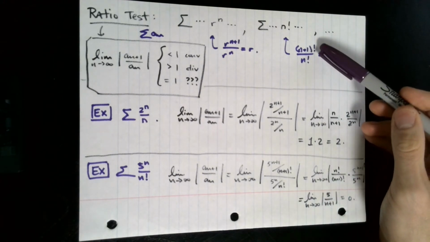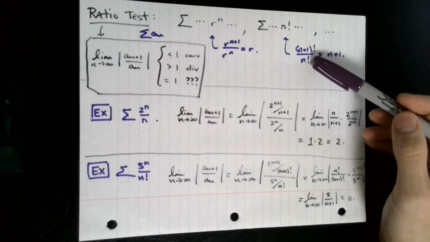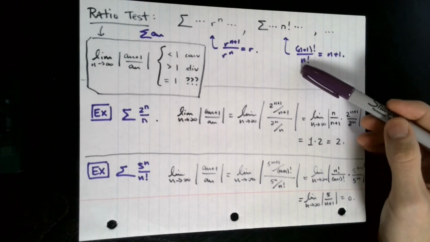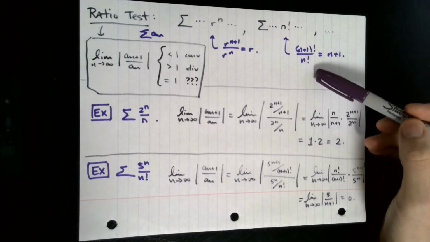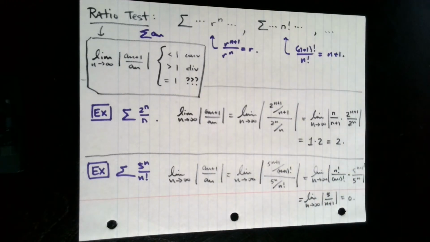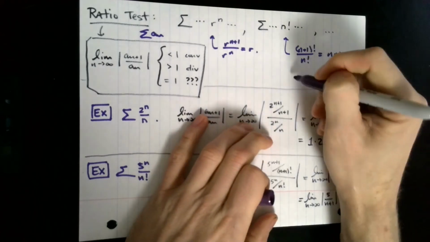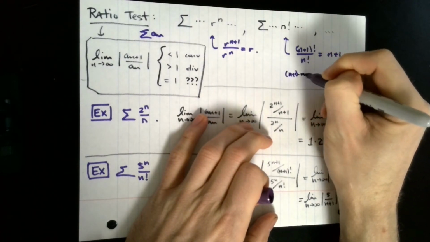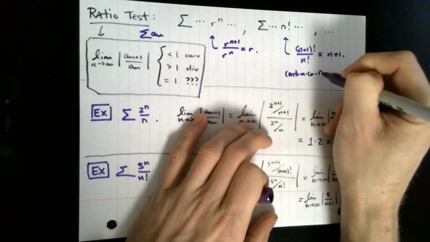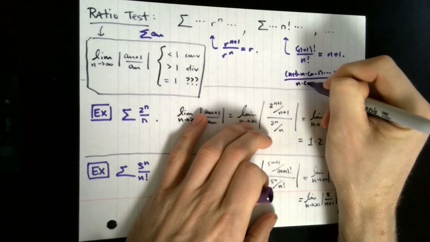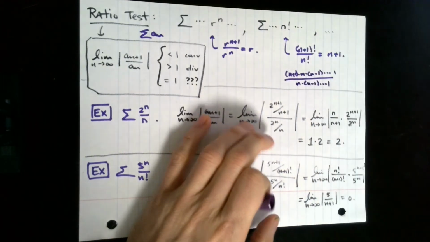Why? Because when you take (n plus 1) factorial over n factorial, ultimately, the terms downstairs, n times n minus 1 all the way down to 1, are also present above, but above we also have an additional factor of n plus 1. To write this out, just so that we can see this completely, upstairs you have n plus 1 times n times n minus 1 times all the numbers down to 1, and downstairs you have n times n minus 1 times all the numbers down to 1.